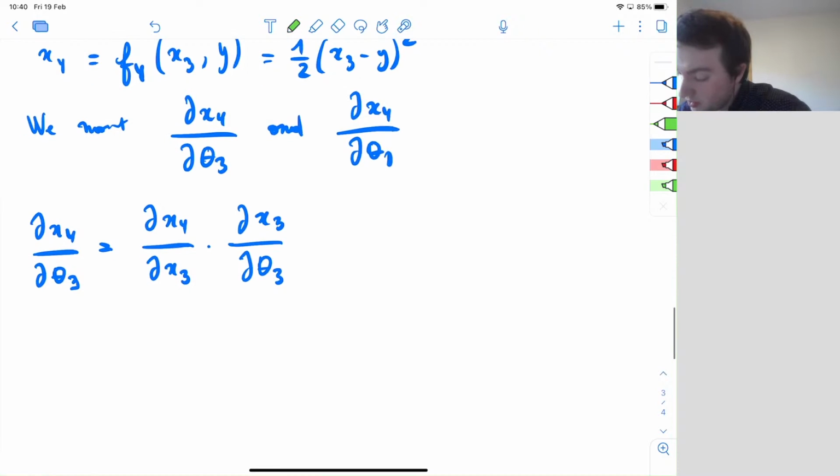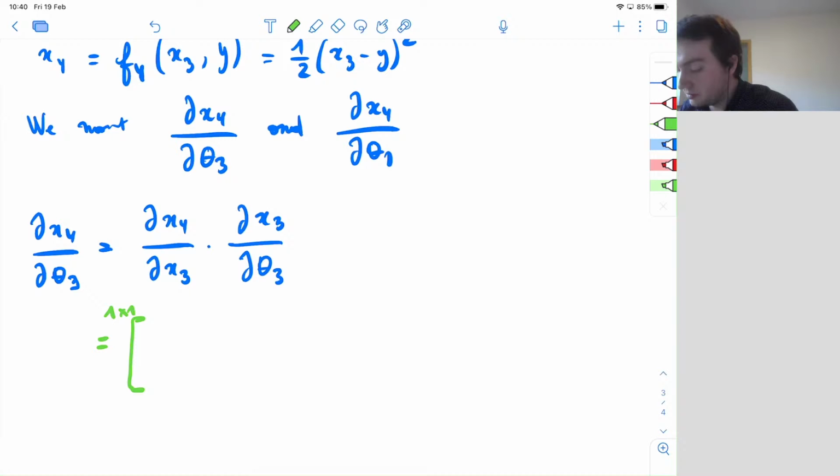So that means this thing is equal to some matrix whose number of rows is equal to the dimension of x4, so of the output, which is 1. And the number of columns is equal to the dimension of x3, which is 1 also.